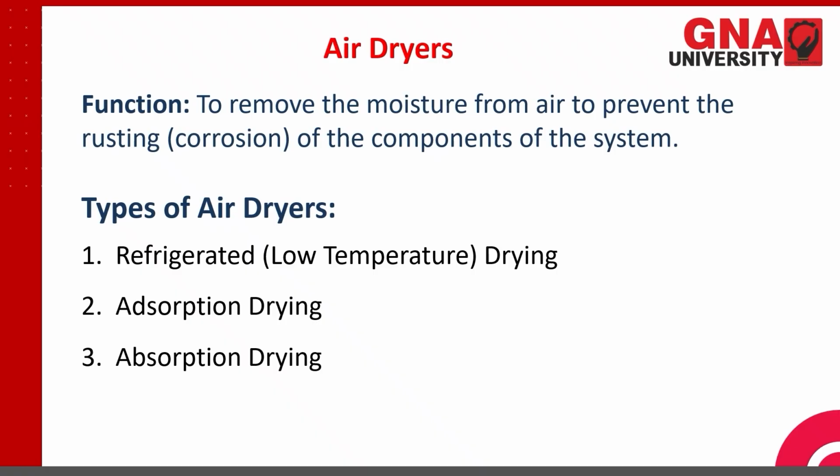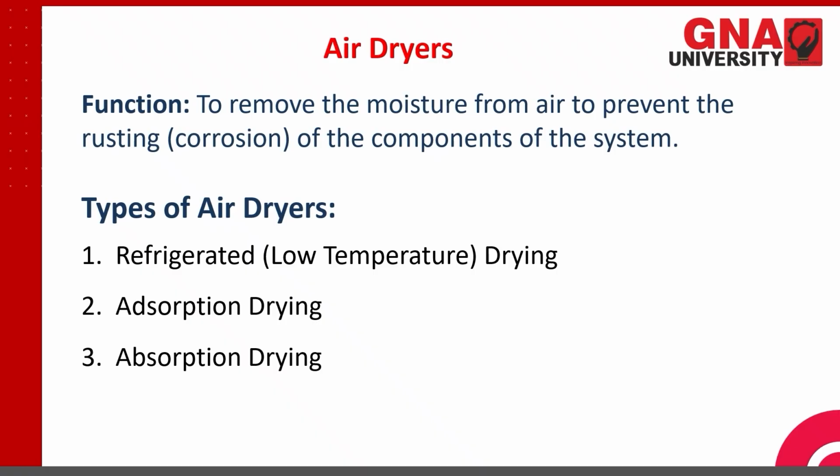Due to the presence of air and water, it will lead to the rusting of the ferrous components, and that will further lead to corrosion of the components of the system. So removing the moisture from the air to prevent rusting of the components of the system is the prime function of the air dryers.